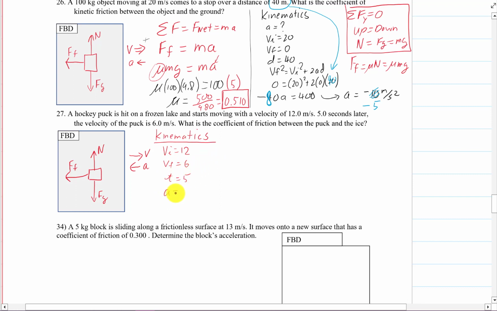So the acceleration is going to be Vf squared minus Vi squared all over... whoops, wrong formula. It'll be Vf minus Vi all over t.